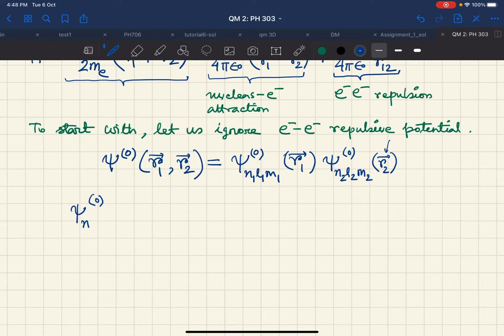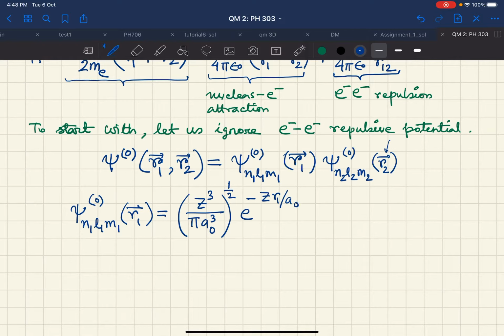The ground state hydrogenic wave functions have the form (Z cubed over pi a0 cubed) to the power half, e to the minus Z r1 over a0, where of course we know that a0 is the Bohr radius and it has the expression 4 pi epsilon naught h bar squared over the mass of the electron times e squared.